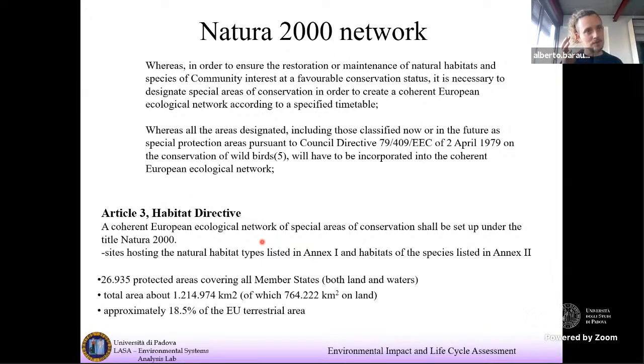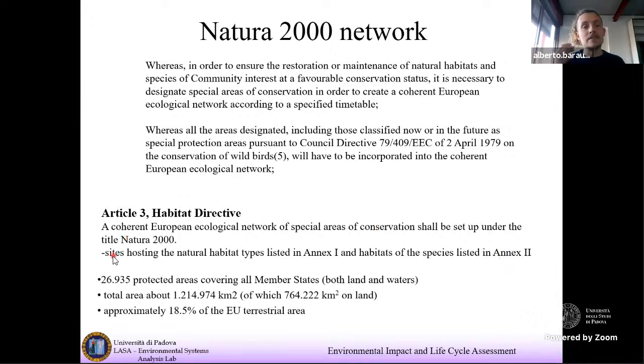It was created in Article 3 of the directive, and it protects either habitats, so we'll see how, but a site can contain natural habitats which are protected according to Annex 1 of the directive, or a site can contain species protected according to Annex 2 of the directive. So Natura 2000 sites focus either on habitats or on species.